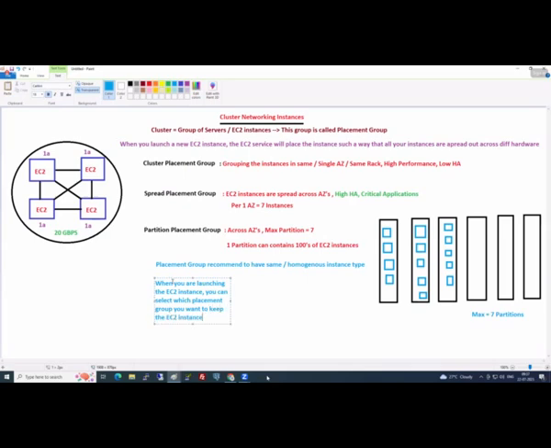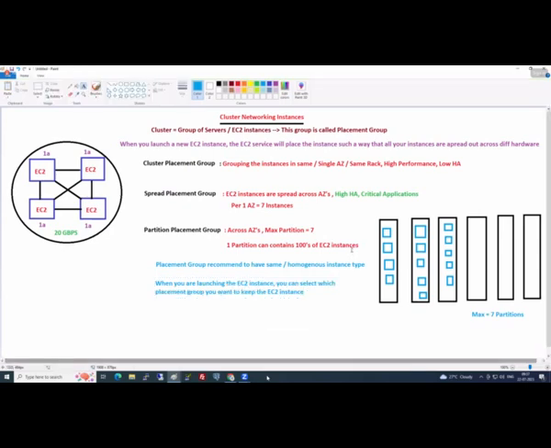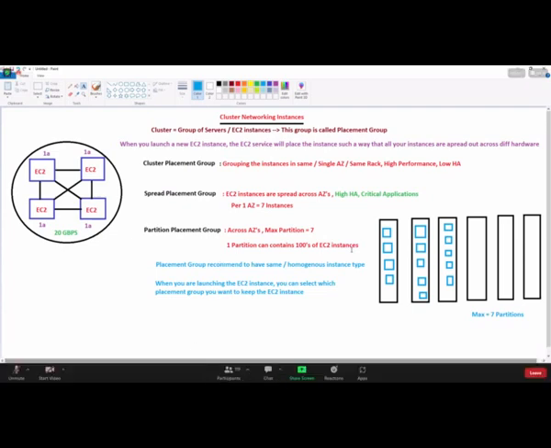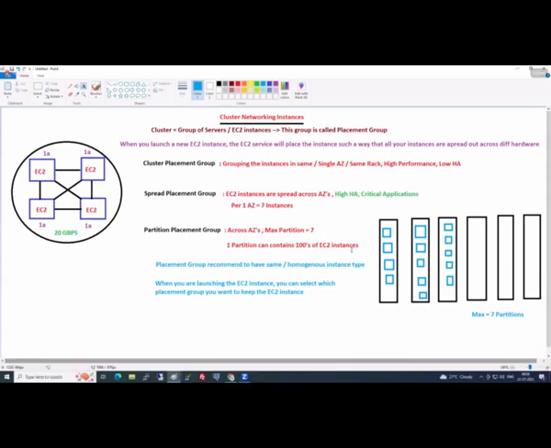While launching, it will ask, do you have any group? So before that, we need to create a group. Which types of groups can you create? Either a cluster, a spread, or a partition. If you want, select the group. Otherwise, no need.